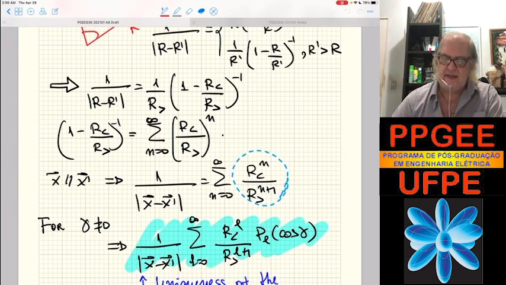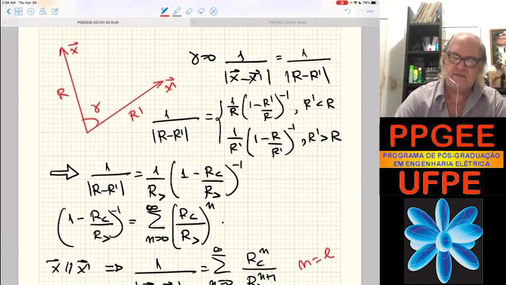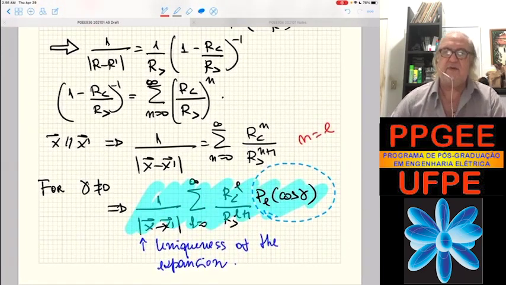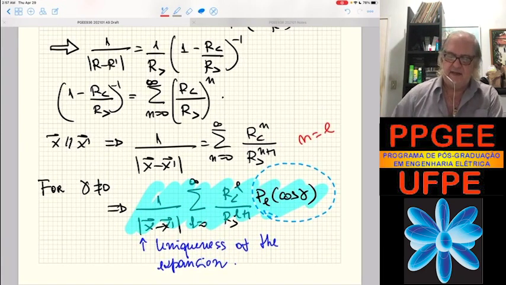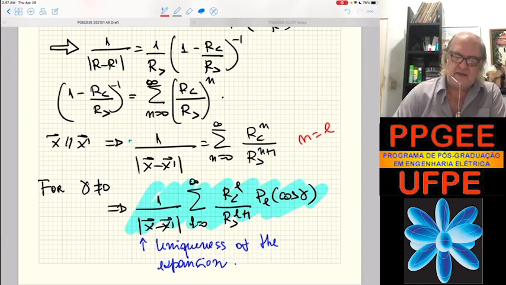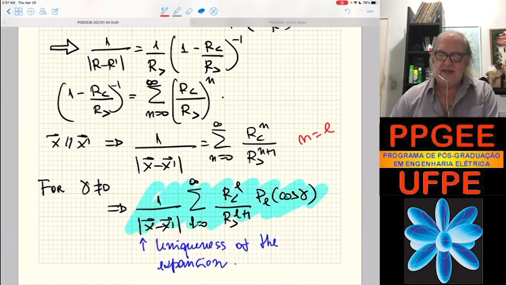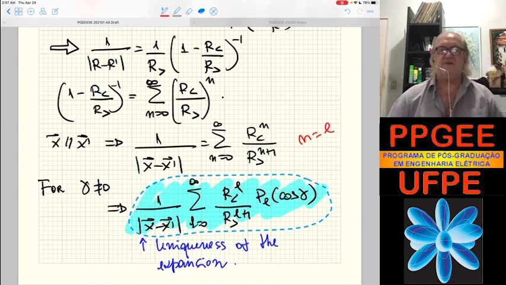You see, I can now make n equals L, right? And now to find the general expansion for a non-zero gamma, you just multiply by the Legendre polynomial of that angle, which in this case is cosine of gamma. So that's a consequence, right, of the uniqueness of the expansion. So that's the way to expand the inverse function in terms of Legendre polynomials.